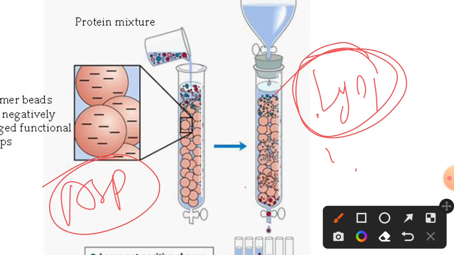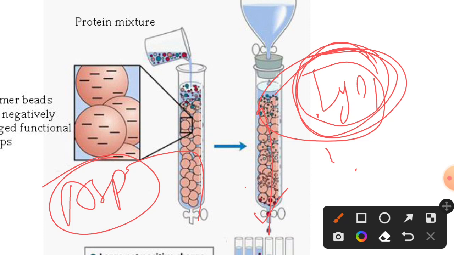Isn't it? Yes. So we are willing to separate lysine, right? So our goal will be to trap lysine and allow aspartic acid to pass through the column. So how can we trap it? The bound charged particle we are using should have a negative charge, right?